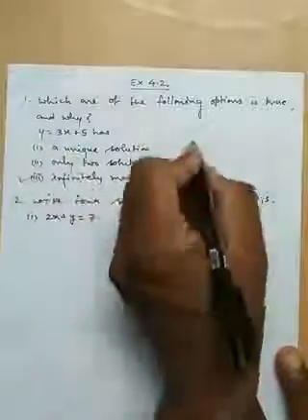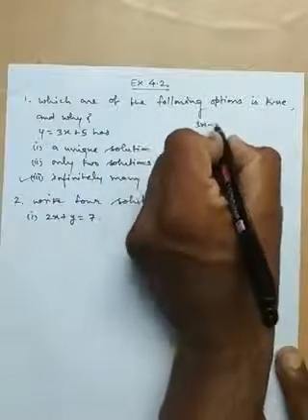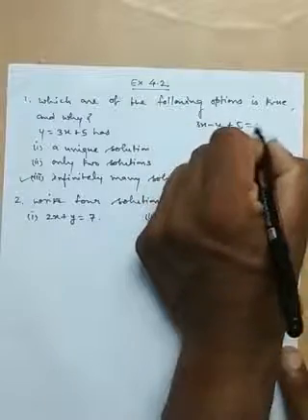So transpose y to this side: 3x minus y plus 5 equal to 0.